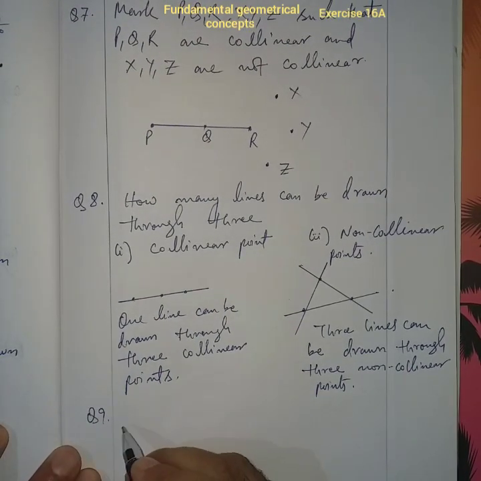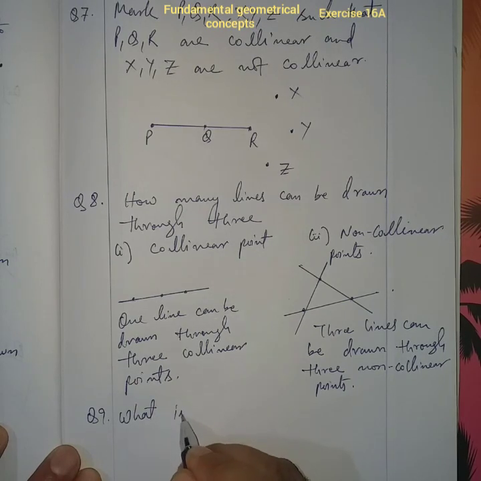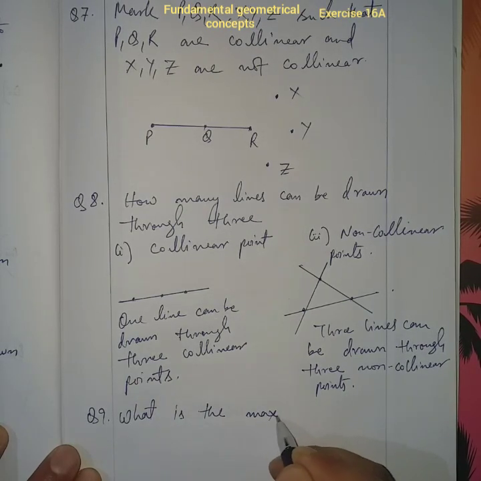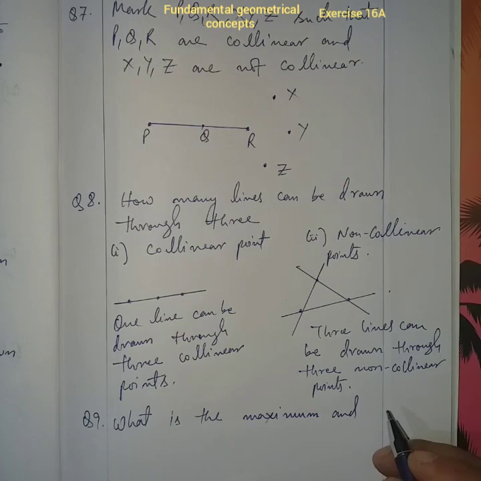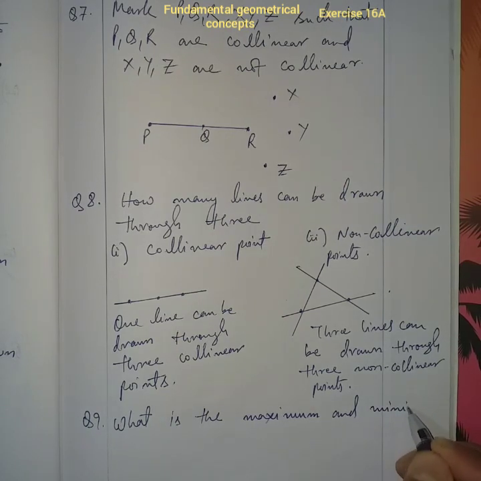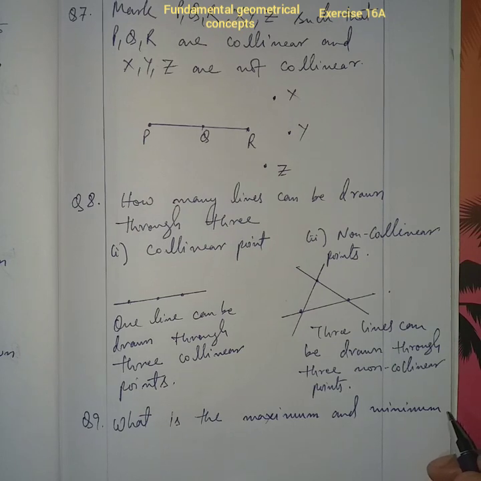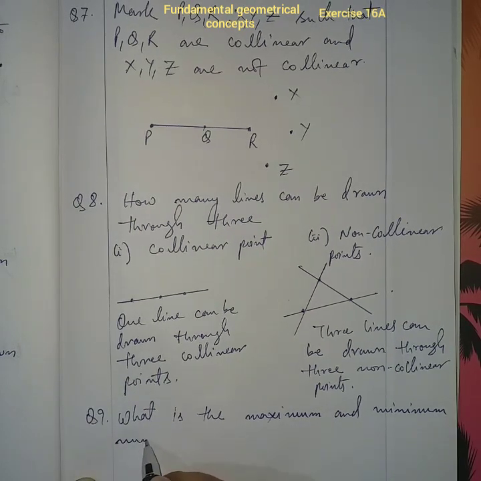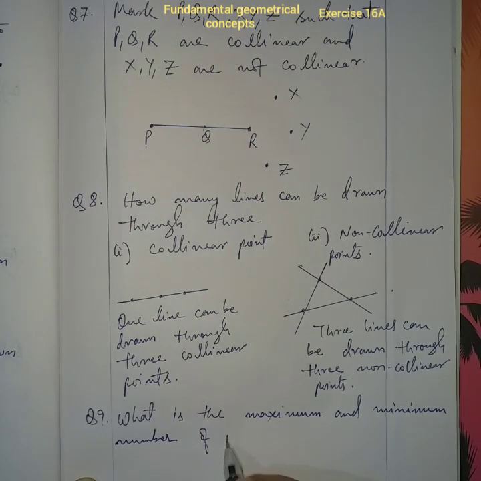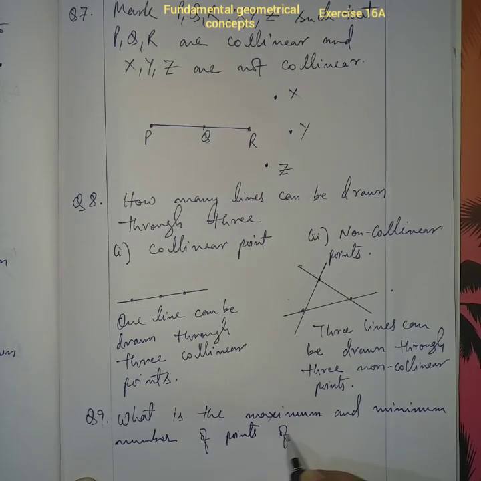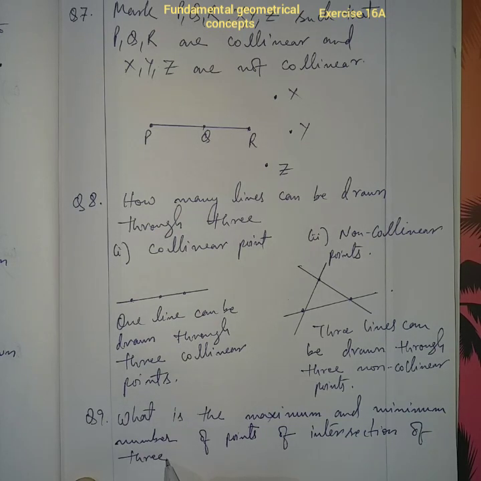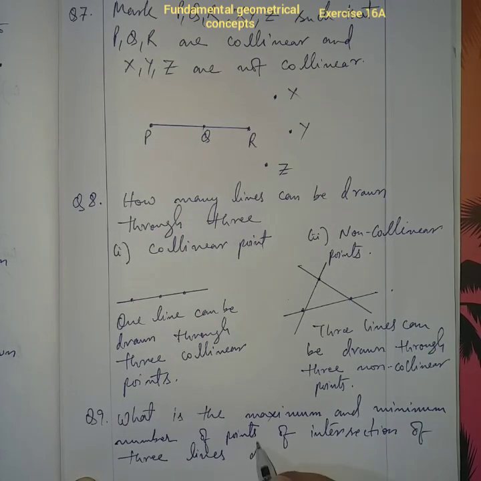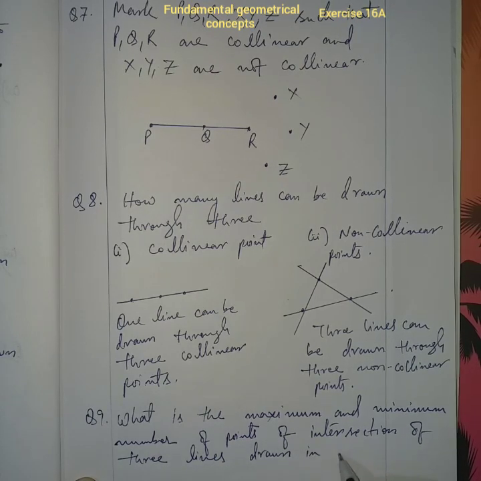Question number 9 is, what is the maximum and minimum number of points of intersection of three lines drawn in a plane?